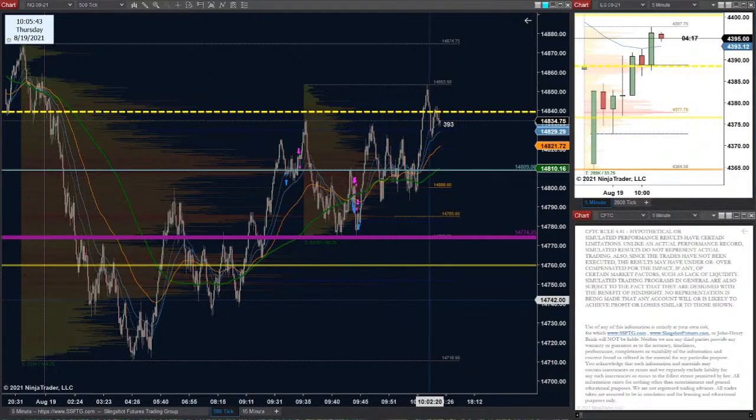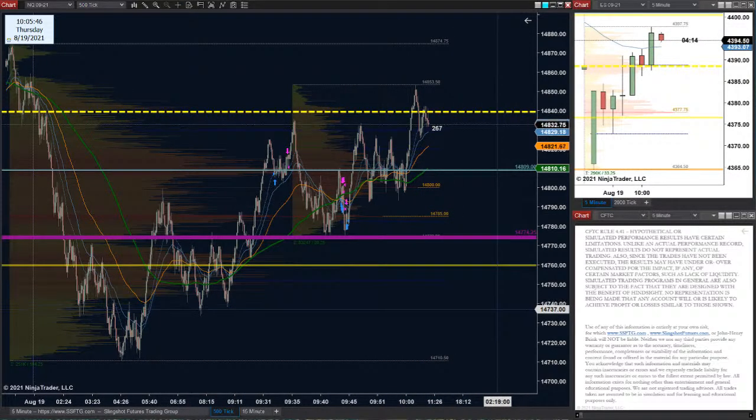Not much happening yet. We got a pop above settlement, starting to creep back down underneath it.